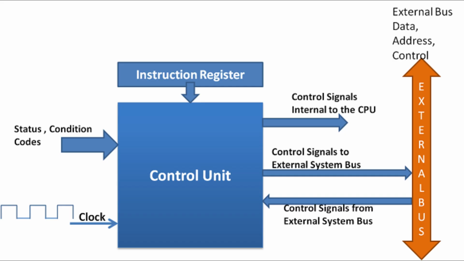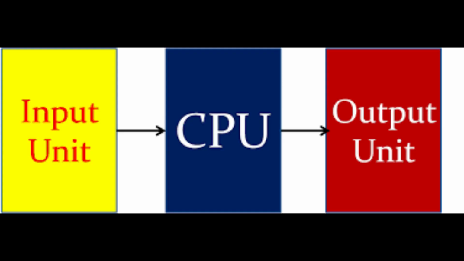The first part is control unit. Control unit is responsible for managing and coordinating the execution of instructions within the CPU and controlling the flow of data between different hardware components. That is from input devices to the CPU and CPU to the output devices. All these things are controlled by control unit.